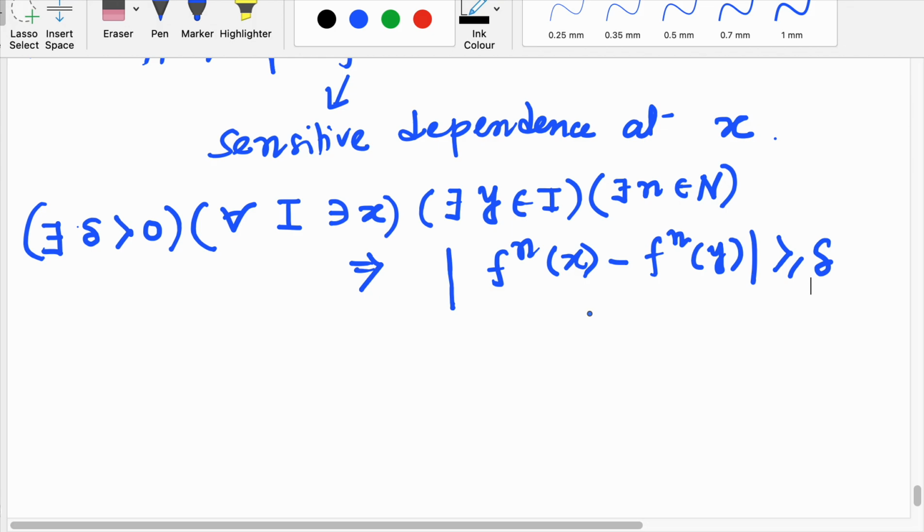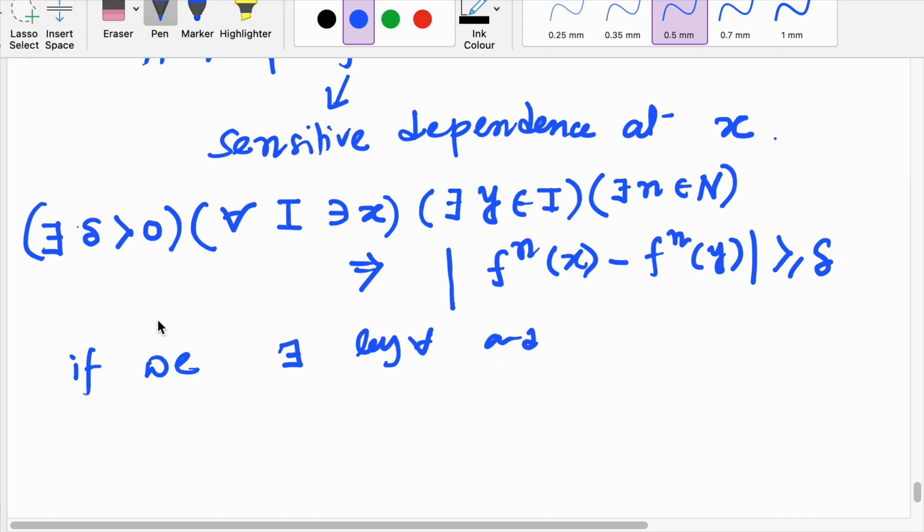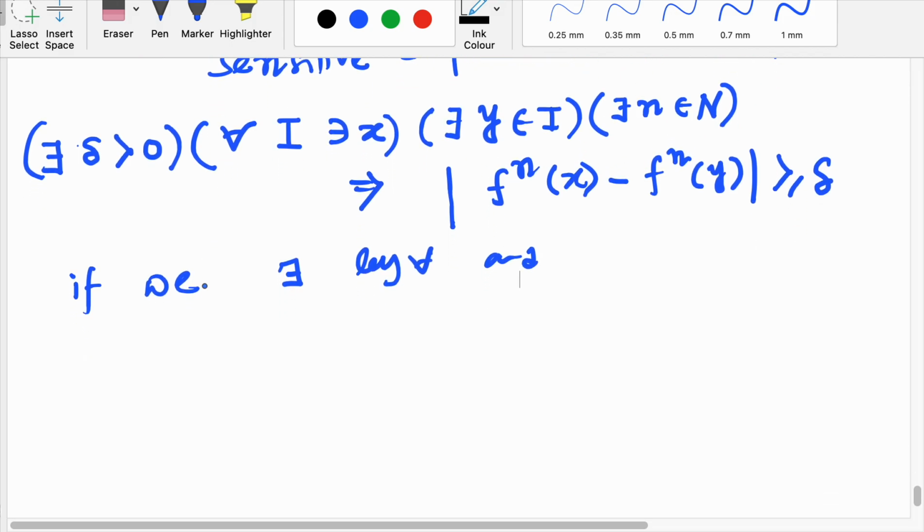If we replace the exists symbols by for all and vice versa, we get that the function is not sensitive at a point x.